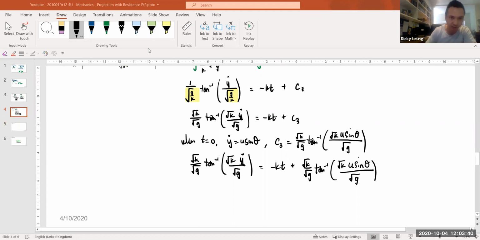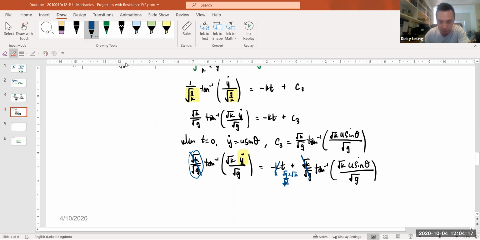So what am I trying to do now? What's my aim? I need to make this a subject. So it feels like I'm going to times, or at least divide everything by this. Now, when I divide everything by this, this goes away, this goes away. And for this term, if you can imagine, times the root g up, divide the root k down. So if I multiply this by root g on root k, the root k's cancel out and it becomes times root k.